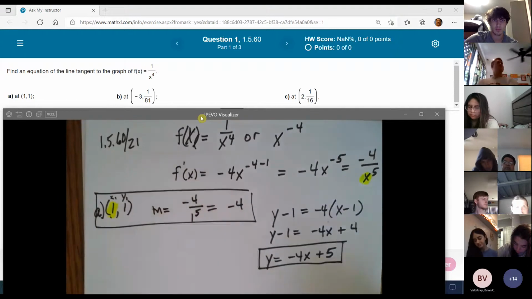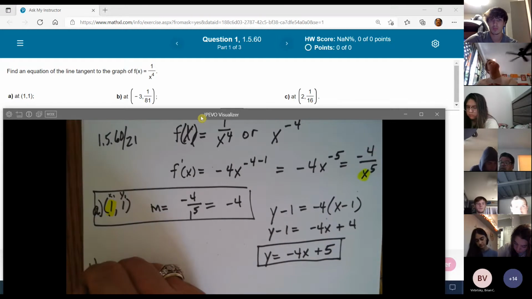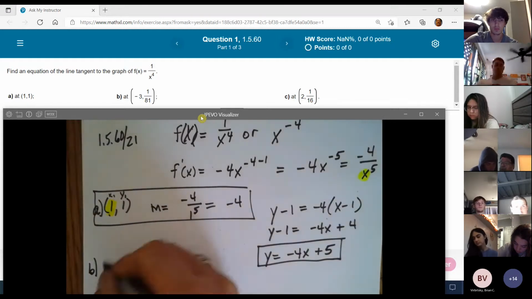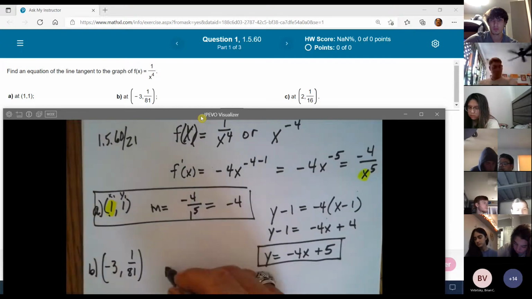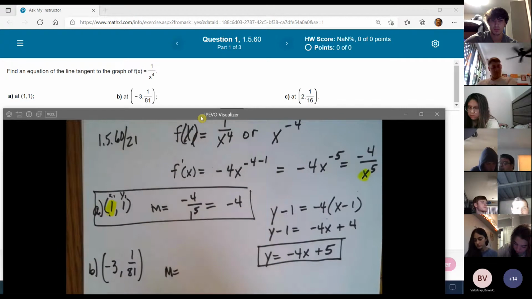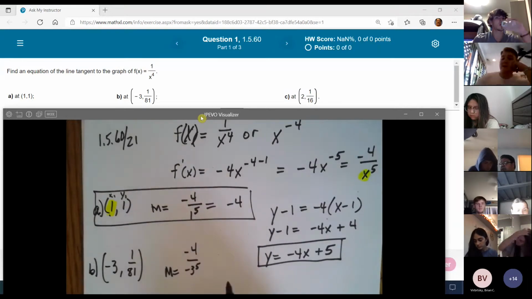So that's that. And then B says -3, comma 1 over 81. Well, we got to plug that -3 in to get a slope. So -4 over -3 to the 5th. Well, I don't have any idea.